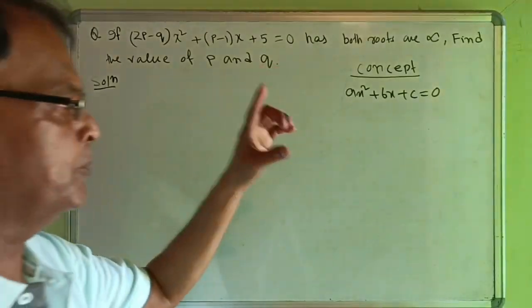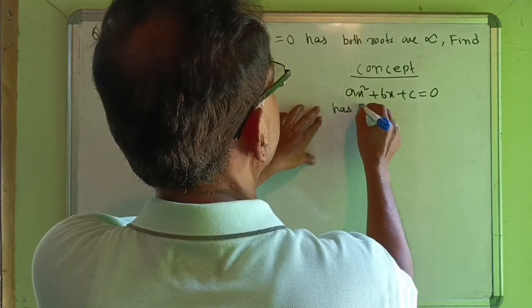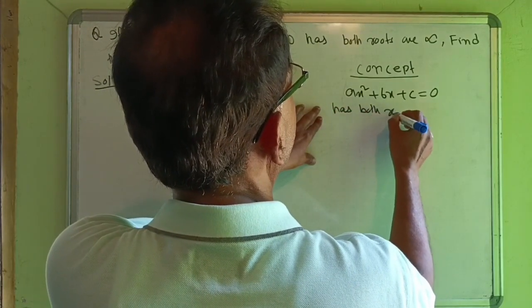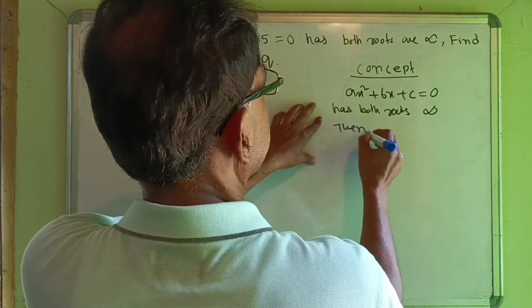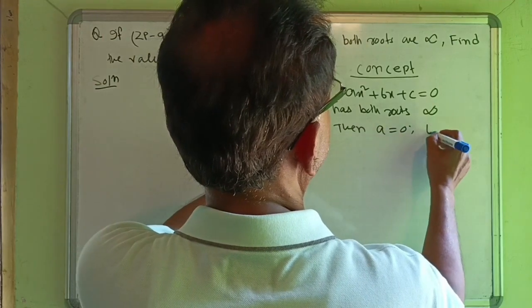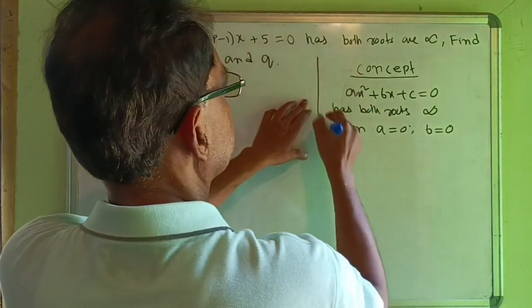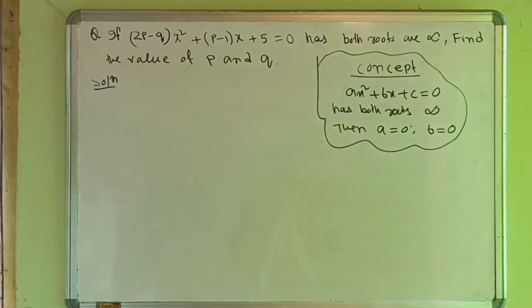If it has both roots infinite, then it is known that a is equal to 0 and b is equal to 0. That is the concept we have to remember.